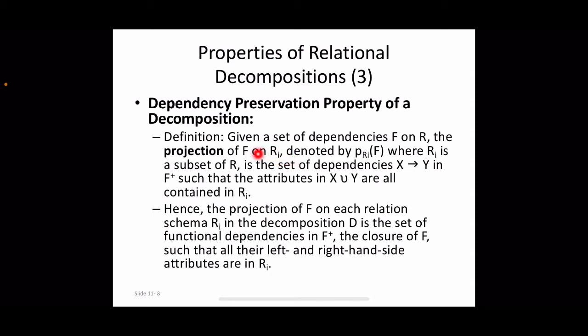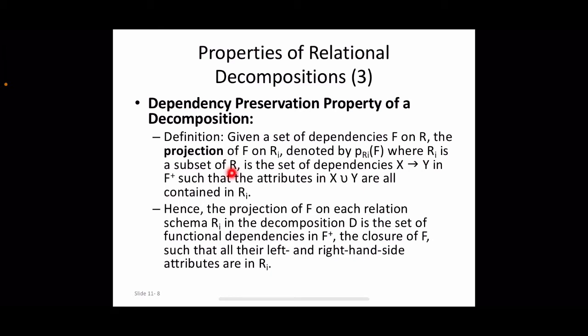The projection of F is a set of functional dependencies; all the functional dependencies together is F. The projection of F on Ri is denoted by π_Ri(F), where Ri is a subset of R and R is the universal relation.